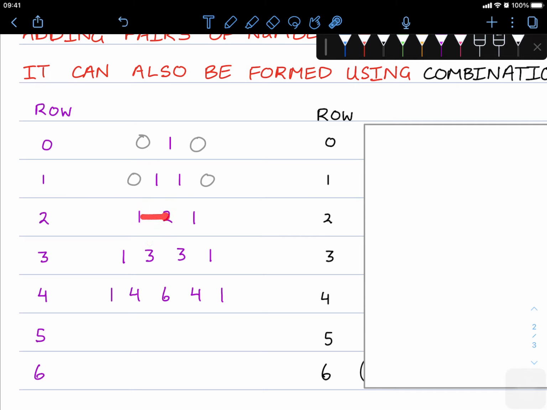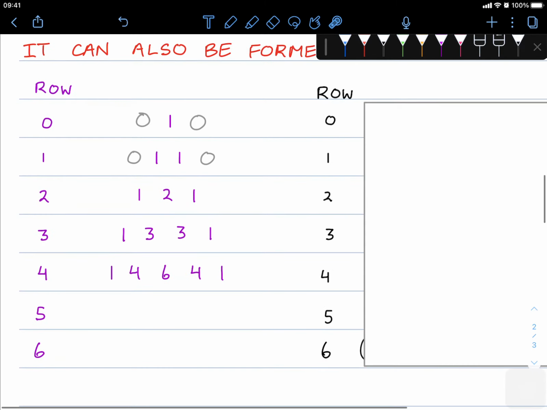So 1 plus 2 gives me 3. 2 plus 1 gives me 3. 1 plus that hidden 0 gives me 1. We continue in this manner. 0 plus 1 is 1. 1 plus 3 is 4. 3 plus 3 is 6. 3 plus 1 is 4. 1 plus 0 is 1.